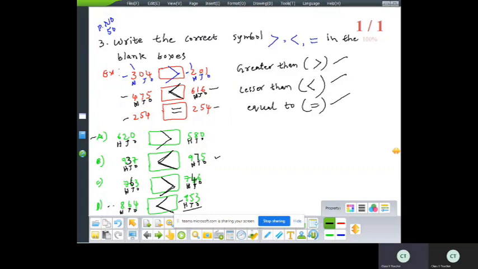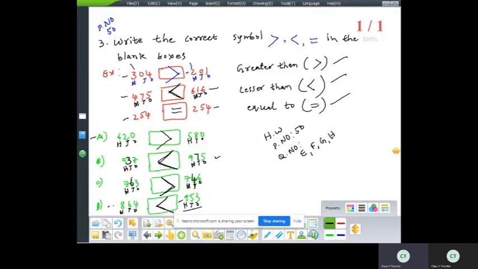Do the homework: question number 3, E, F, G, H, page number 50. Please complete the homework in your running notes.